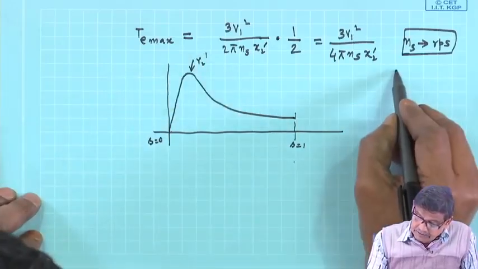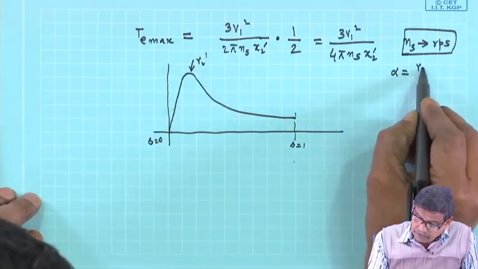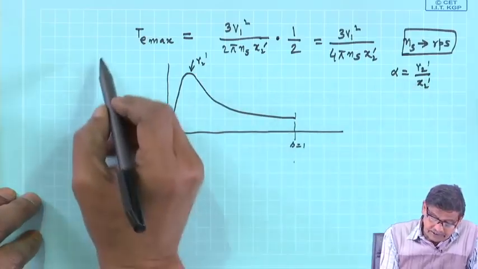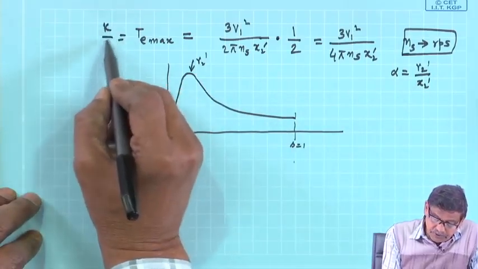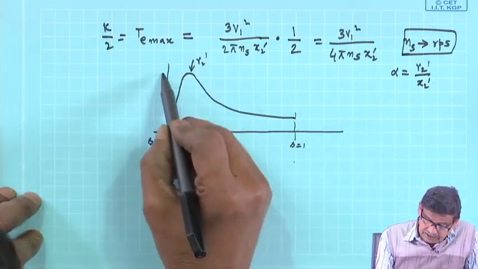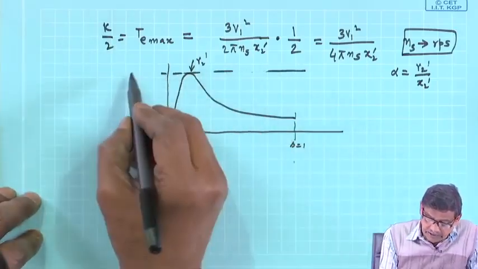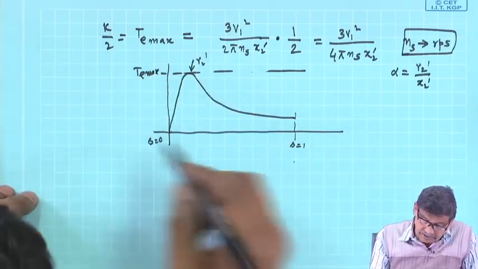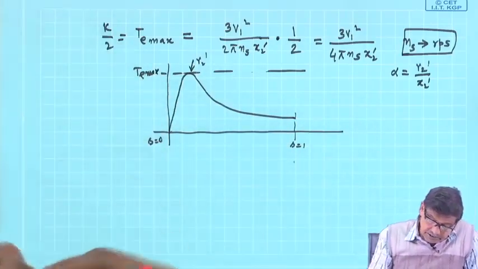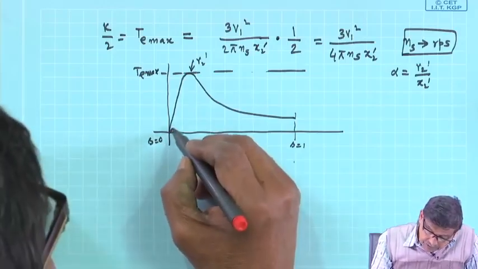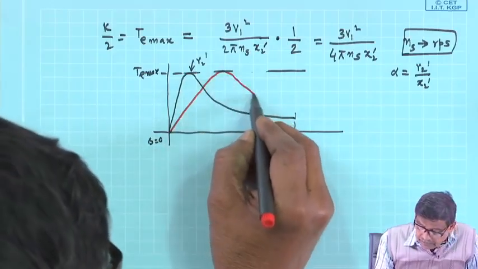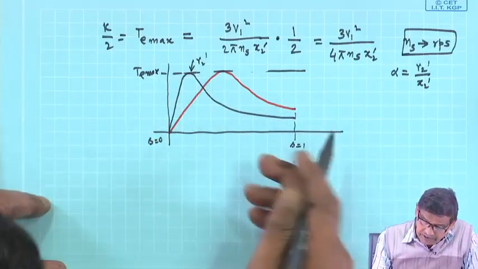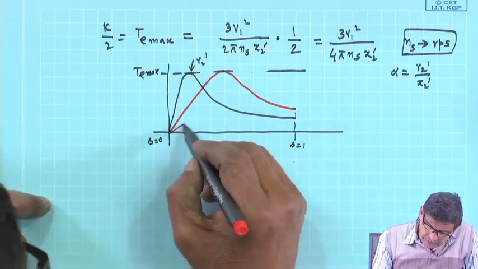Similarly, the slip at which maximum torque occurs is R2 dashed by X2 dashed, and T max is K by 2, which is this level, it will remain same T max. So, if you vary rotor resistance, newer torque slip characteristics will be T max will remain same, and it will be all the things which I got earlier is obtained in the same fashion.